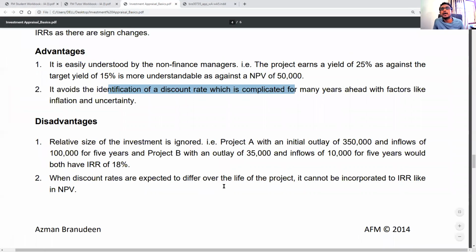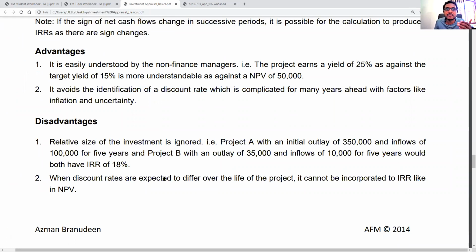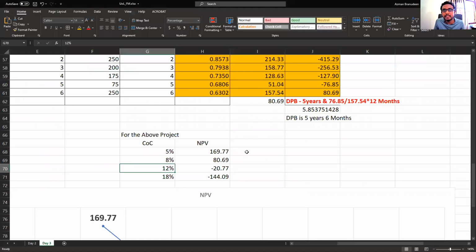What happens is that the fact that you don't have to identify a discount rate can be a positive thing, but it can also be a negative issue, because your IRR is only one, but you can calculate NPV like we did here for different rates of interest.